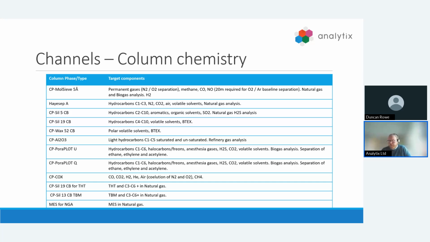And then you can see a range of options available for hydrocarbon analysis. We typically say you work between C1 to C10 very comfortably on the Micro GC. And then one not mentioned on this list, but that we do also have available, is the Volamines channel, which can be used for ammonia analysis application areas.